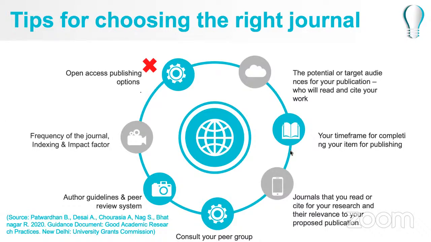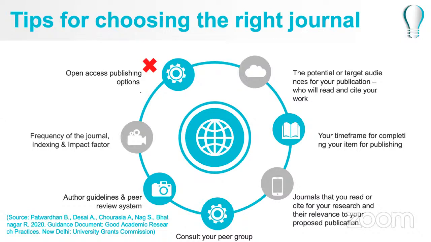So that particular journal may be relevant for your article to get submitted. You can just think about it. You can consult your peer group, you can ask your guide or your colleague which journal they like to read, which journal they think is good, or where they publish their articles. You can get some suggestions from them also.